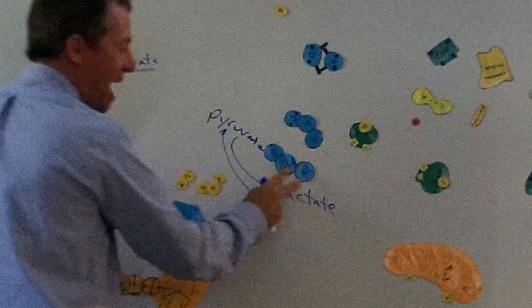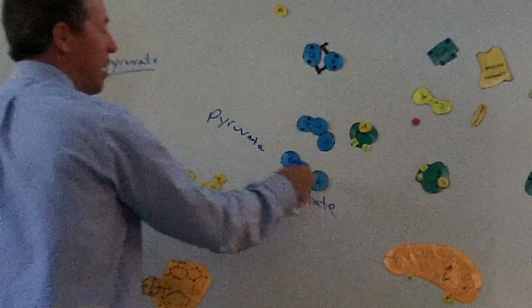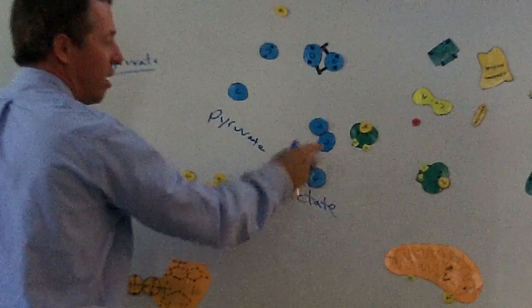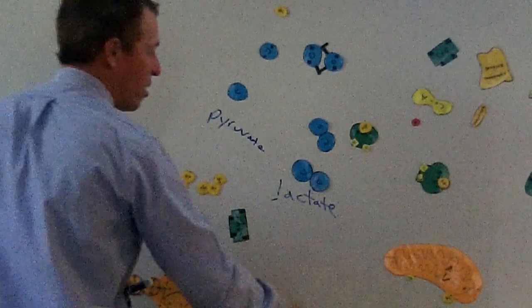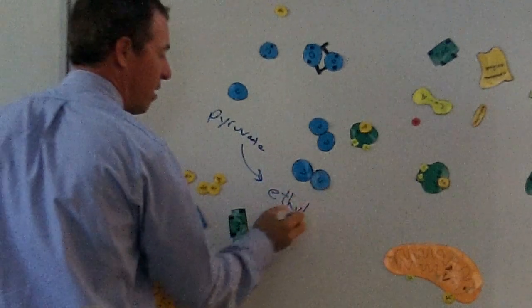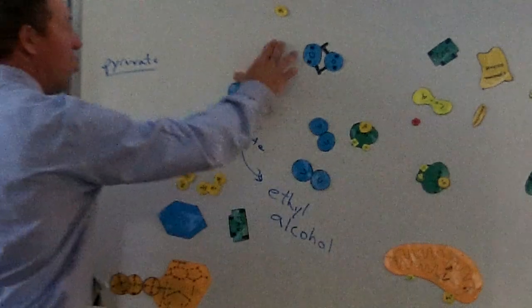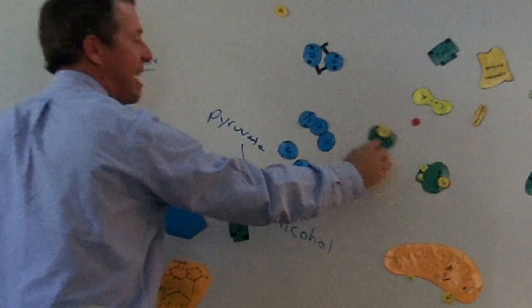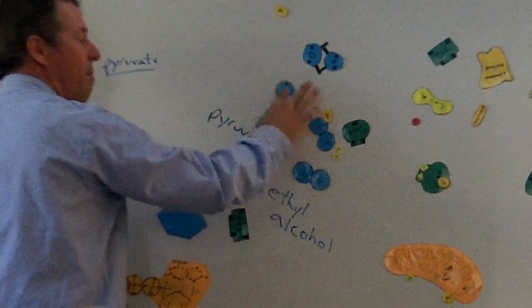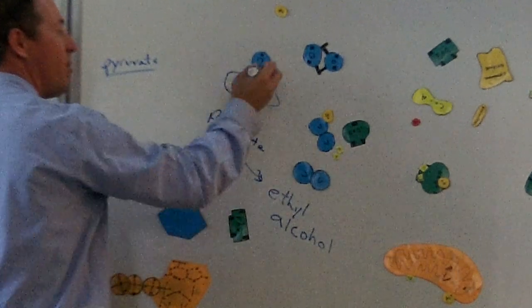Instead of producing lactic acid, the pyruvates are converted to a 2-carbon molecule called ethyl alcohol, where not only did the NAD give back electrons and protons, but also one of the carbons comes off and floats away as CO2, carbon dioxide.